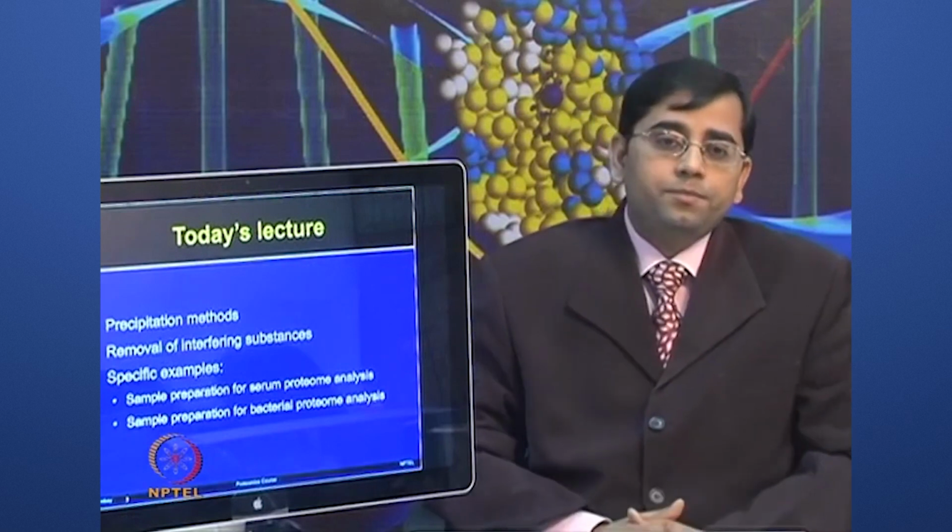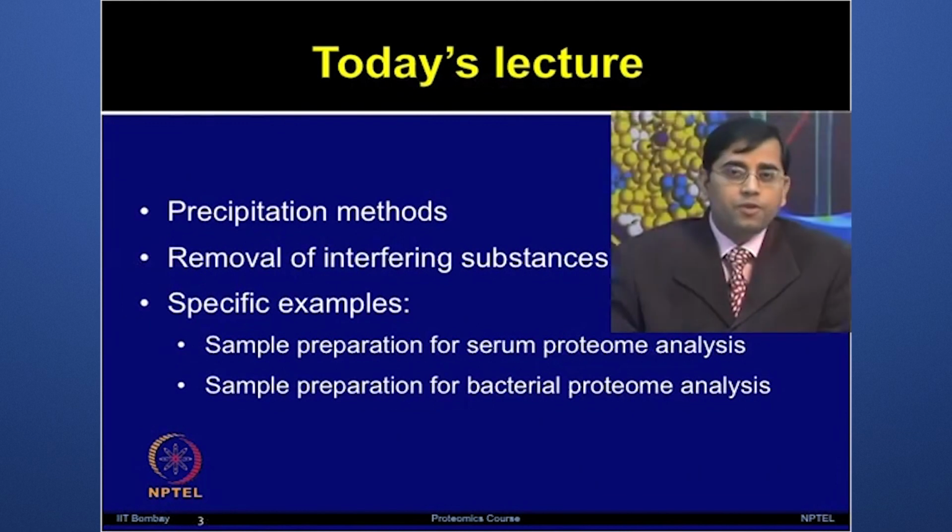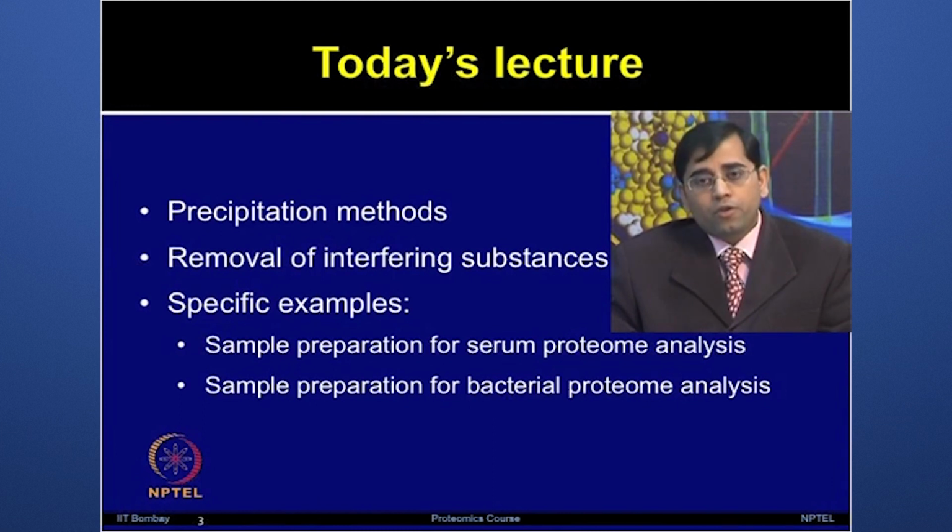In today's lecture, I will first talk about a few precipitation methods which are commonly used for different types of protein sample preparation. Then we will talk about the removal of interfering substances.